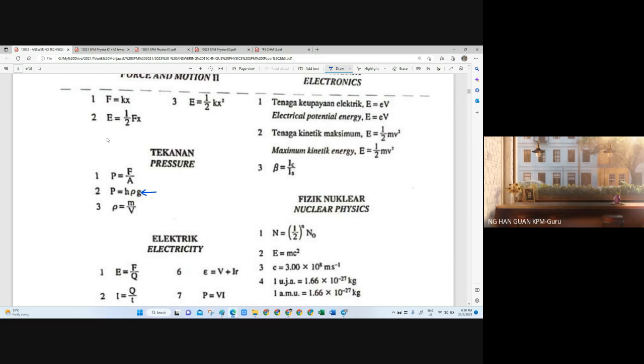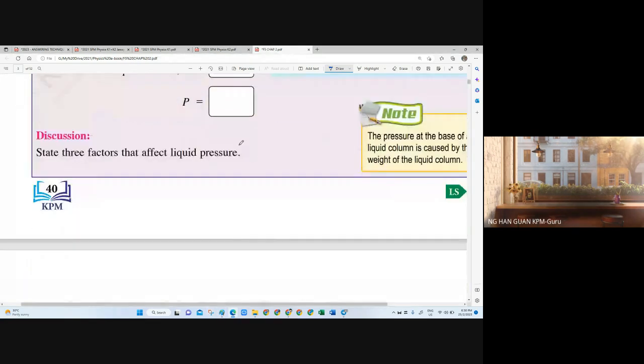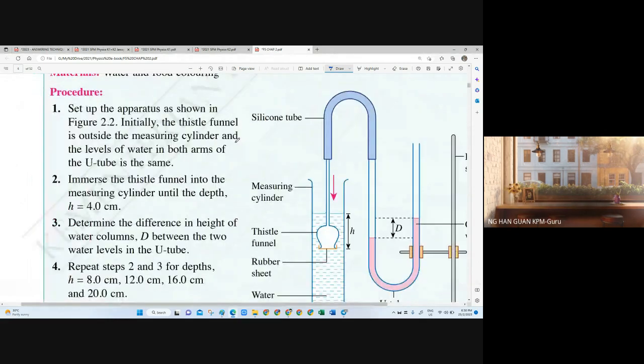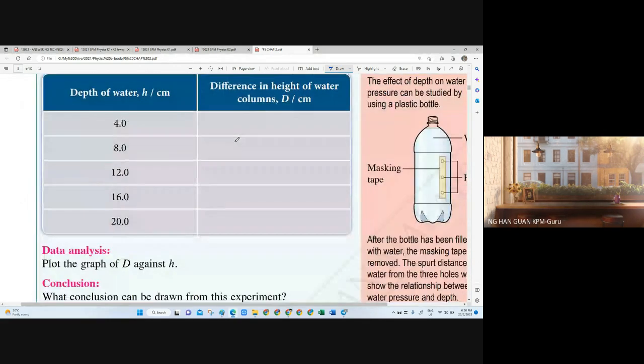The formula is only for the pressure in liquid, h rho g. Just be careful about the h: make sure it is measured from the surface of the liquid down. Another thing that confuses students is the calculation when we need to include the atmospheric pressure acting on the surface, and when it doesn't need to be included.